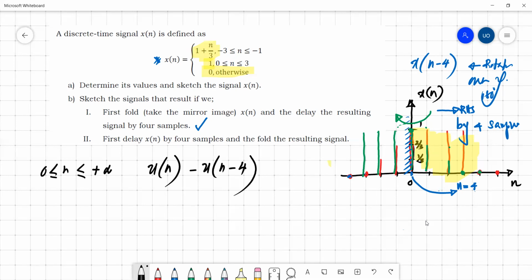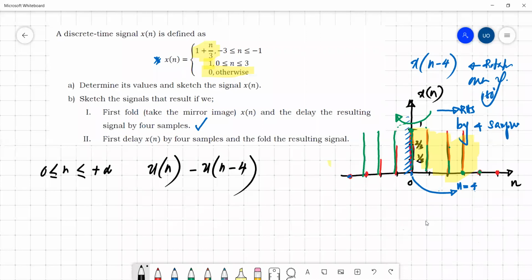So then we covered these 4 samples. u[n] is the original signal and u[n minus 4] is the shifted version of u[n]. If you subtract these two, you remain with these 4 samples.